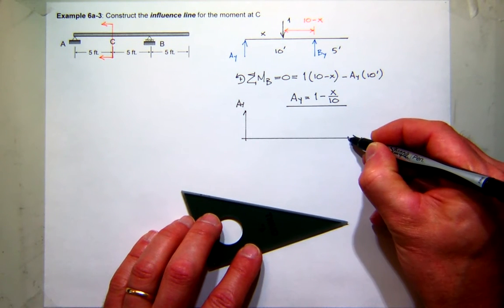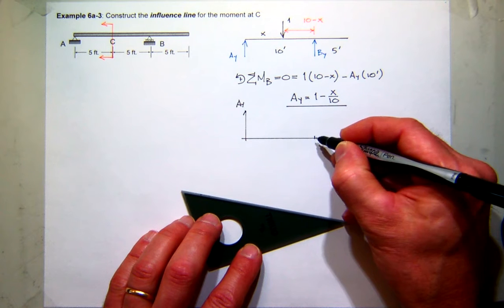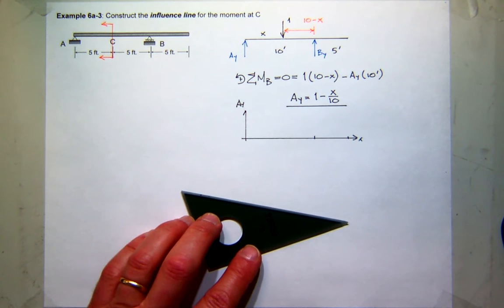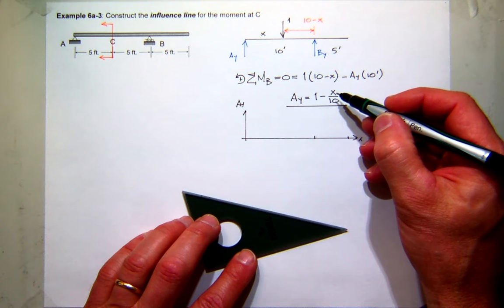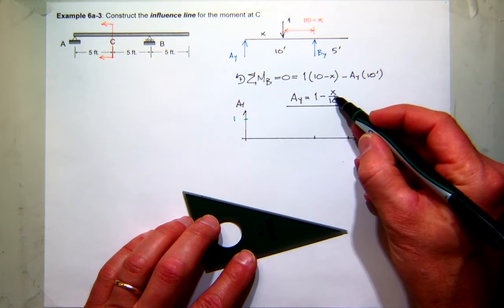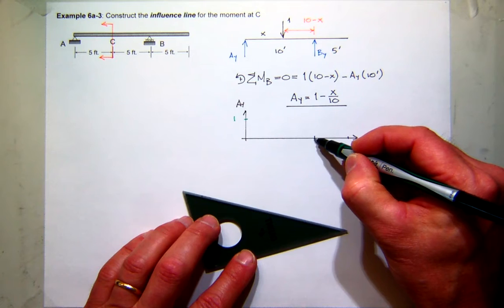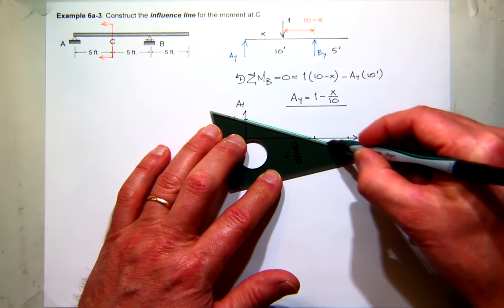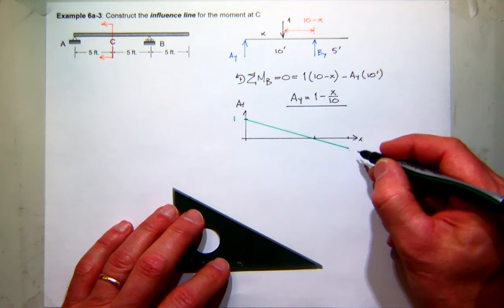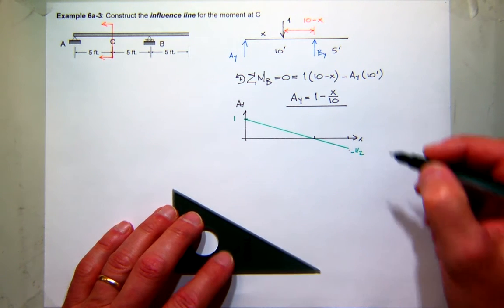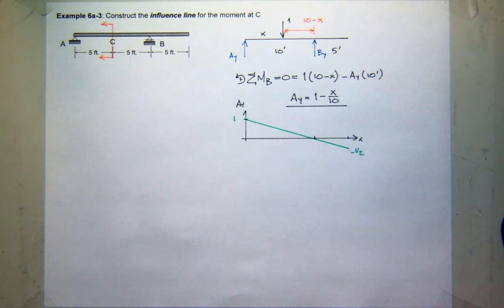So that would be 15. Okay, so when X is equal to 0, AY is 1. When X is equal to 10, it's 0. And when X is equal to 15, AY is minus a half. You guys see that?